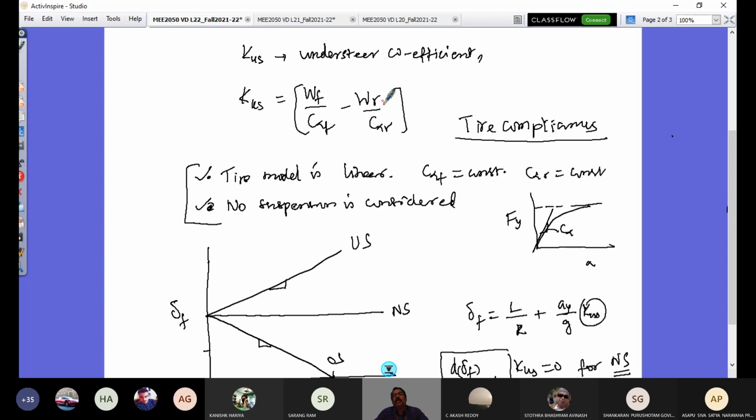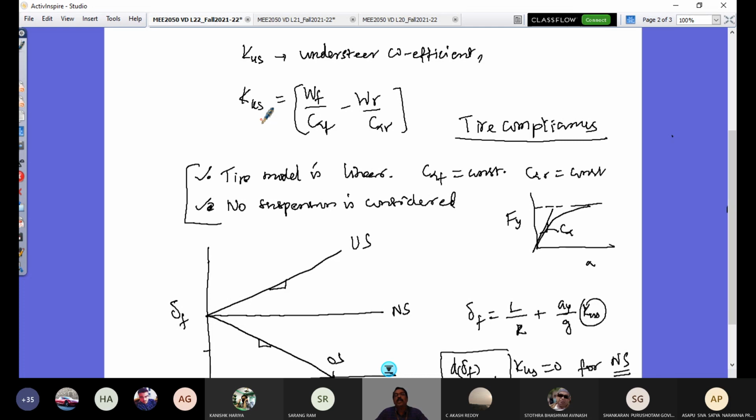So W_F and W_R are also constant. If this is greater than this, then K_US is positive; on the other hand, if it is negative, it is reversed. So when this is non-linear, K_US would be varying. How it varies can be looked at from various design aspects of your vehicle, operating condition of your vehicle, non-linearity of your tire behavior, the moment you account for steering in your model.